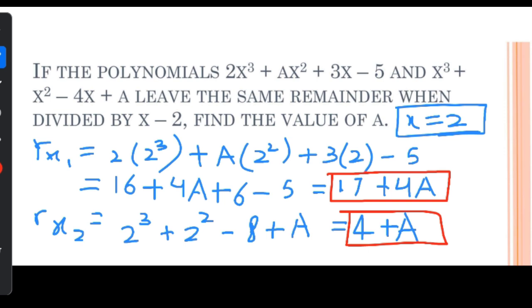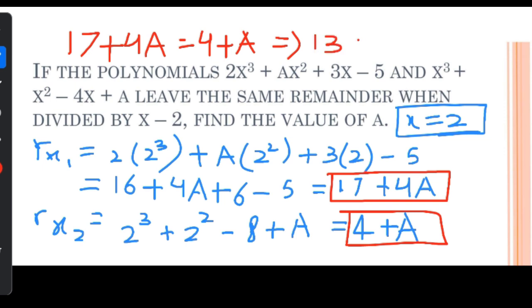Now the next part is इन दोनों को equate करना है, 17 plus 4a equals to 4 plus a, that means 13 equals to minus 3a, no sorry, plus 3a, क्या हुआ है, minus 3a, minus 3 सही था.